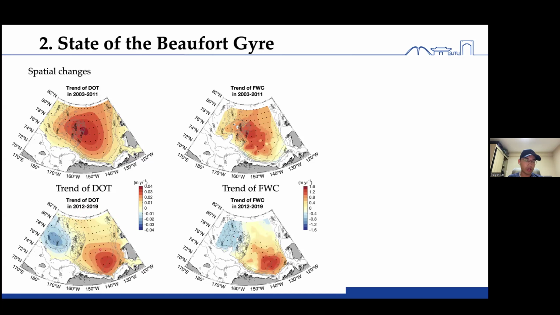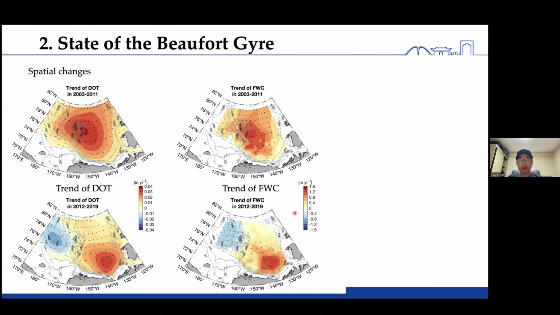You can see the increasing trend is more located in the southeast of the Canada Basin, and on the other side it is decreasing. A similar pattern shows in the freshwater content as well.